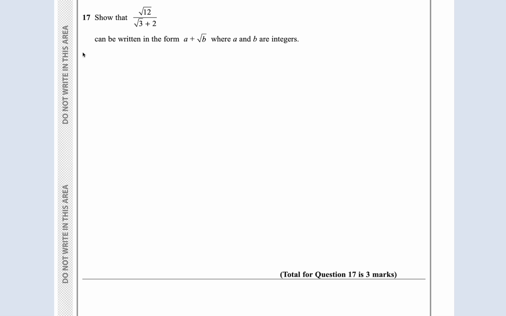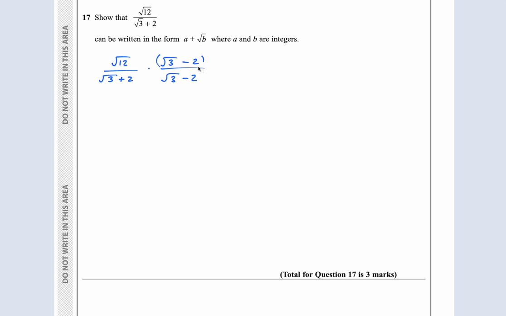Question 17. Show that this can be written as this, right? This is one of these rationalizing the denominator questions, guys. So I'm going to multiply above and below by root 3 minus 2, the conjugate of the bottom. So if that's plus, you change it to minus. If that's minus, you change it to plus.